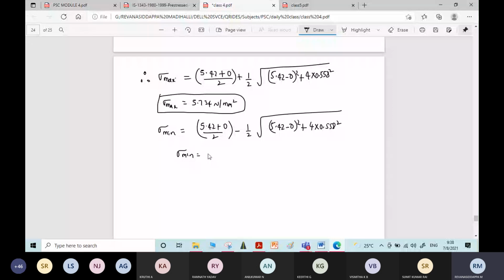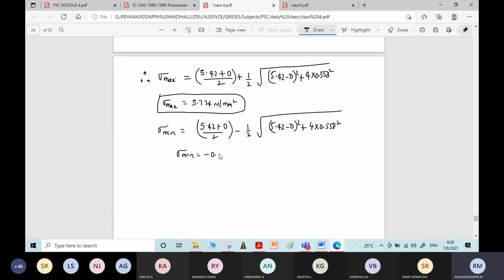Sir, sigma minimum how much? So minus 0.055 Newton per mm square.